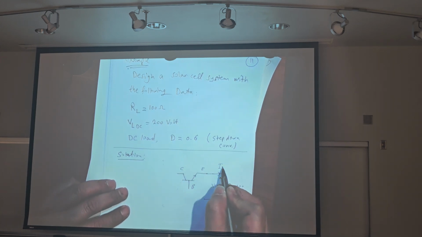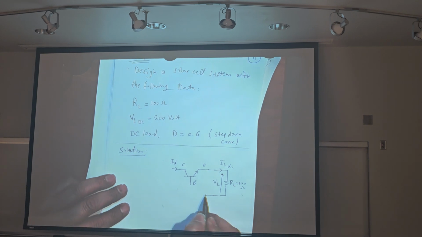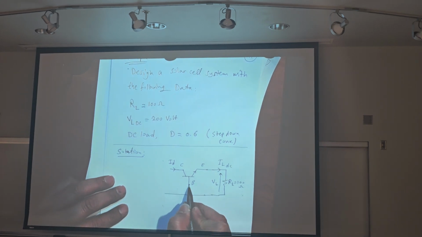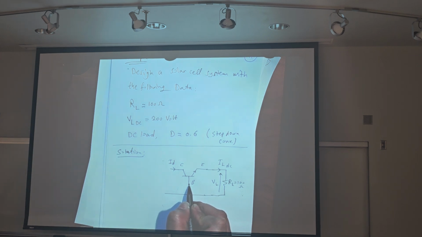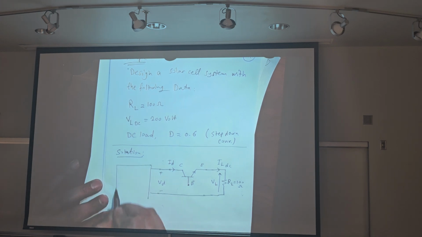See here, this is IL DC and this is ID. This is connected to the control circuit. This positive, negative, VD, and here the source.